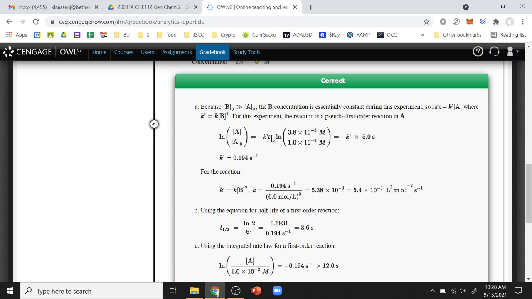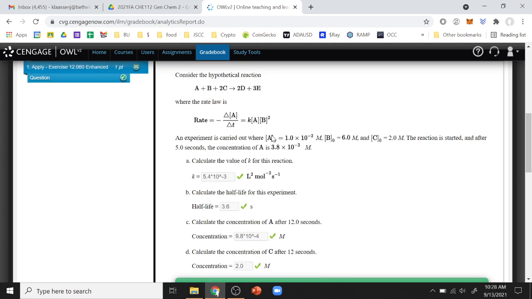It's the integrated rate law. Look at your rate laws again on that sheet. By the way, how do I know the order for this? How do I know the order for A?